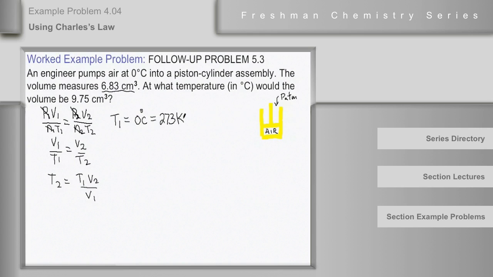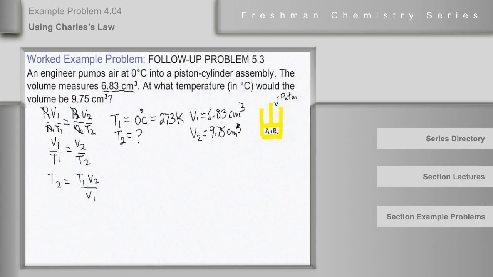We have to express the temperature in gas law problems on the Kelvin scale. V1 is of course 6.83 cubic centimeters. T2 is the unknown variable. We don't know what that is. And V2 is equal to 9.75 cubic centimeters.